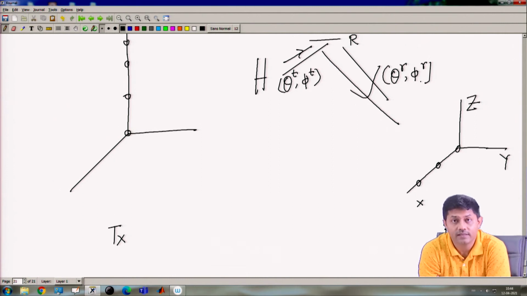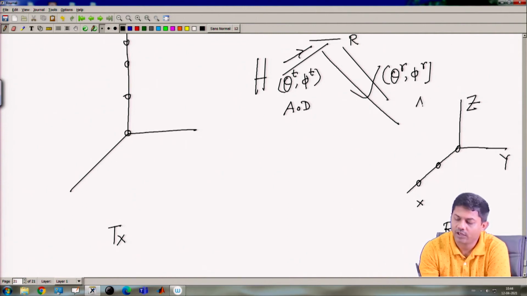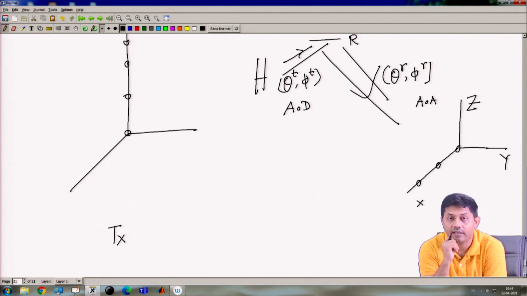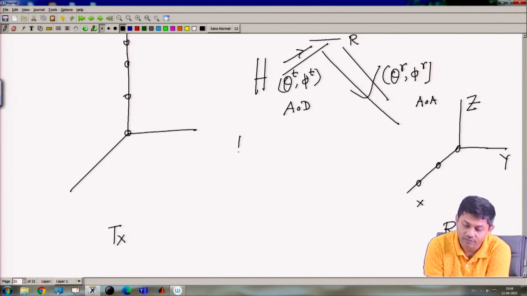Okay. So, what is given? AOD is given. AOA is also given. Okay. 4 antennas in the z direction, 3 antennas in the x direction for the RX. So, I want to construct my H. What is the dimension of H? That you should understand.